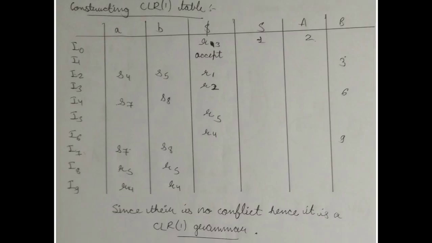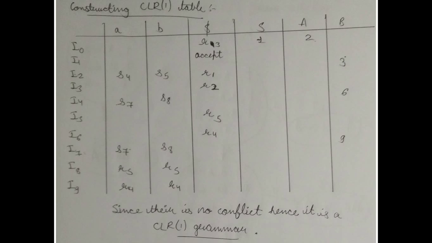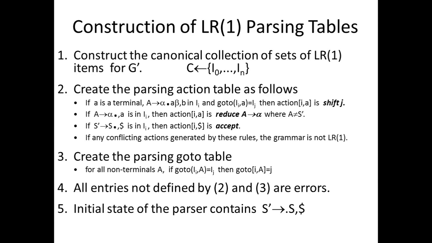Thus we include accept in the I1 row for dollar. Now writing shift and reduce similarly according to the algorithm and using the canonical LR1 collection diagram, we complete the whole table like this.